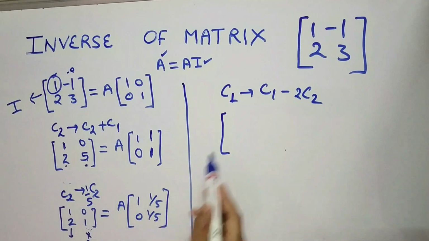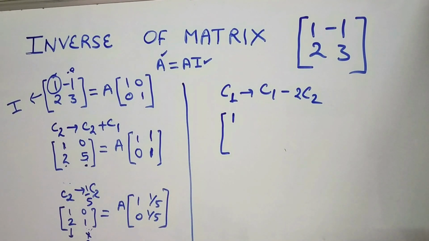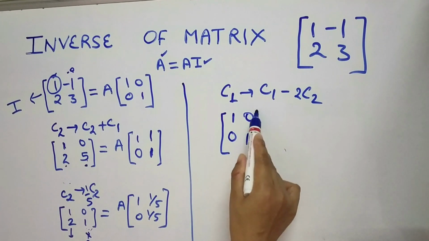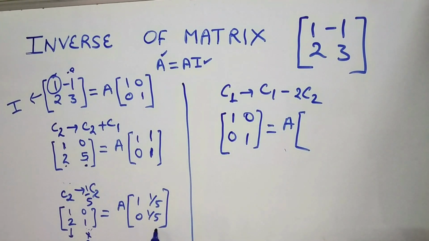Minus 2 into 0 will be 0. So in the first column, the first row will be 1, and here minus 2 plus 2 will be 0, and this 0, 1 will come as it is. Now for the next one, we have to multiply this column with minus 2 and add it to the first column.